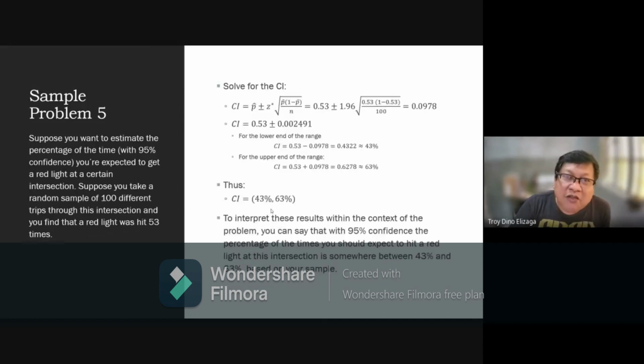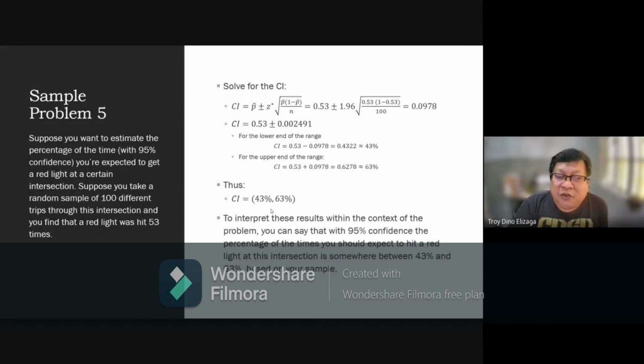And so we plug in all the numbers in this formula, and we get 0.002491, which is the EBP, which we will add to and subtract from the p hat to get our upper and lower range. Thus, after doing all the computation, we get a range of 43% to 63%.